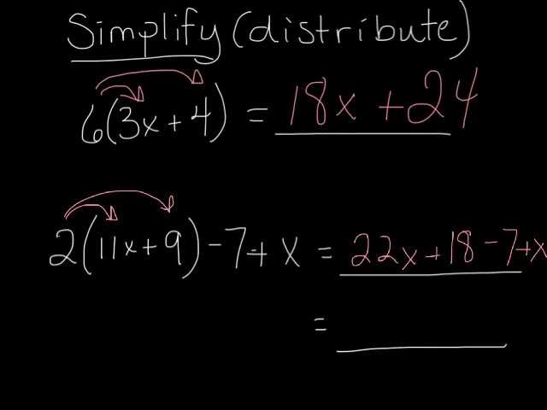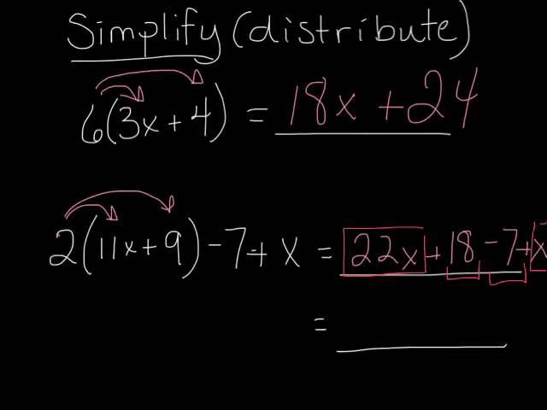Now when we look at what we've got after we do the distribution, what do we see? It should jump out at us that we've got like terms. We've got positive 18 and negative 7, which are like terms, they're constants, and 22x and this x that's barely hanging on there.